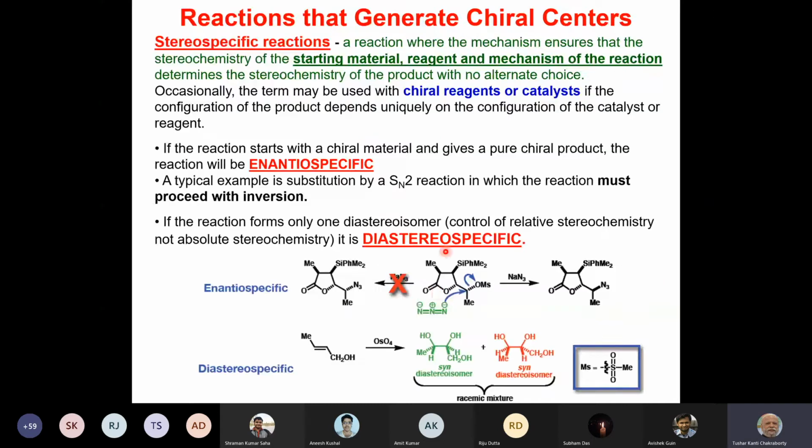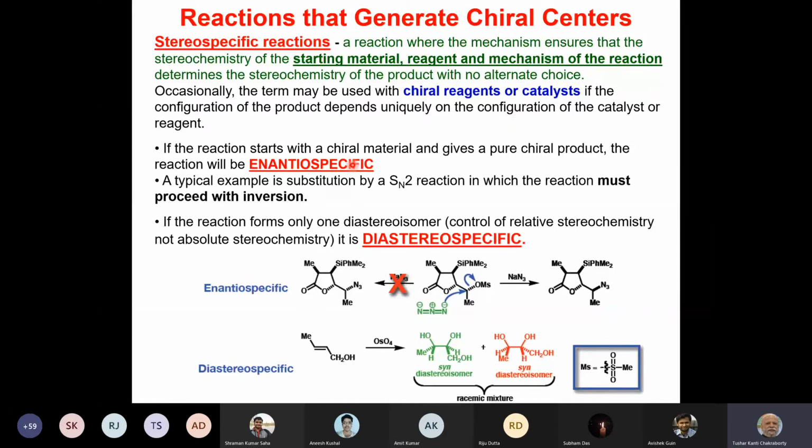The definition of these reactions is that they are specific, that is, specifically one product is getting formed. That means the reaction, or the mechanism, ensures that the starting material and reagent react such that you can get only one chiral center in this molecule, no other one is possible.